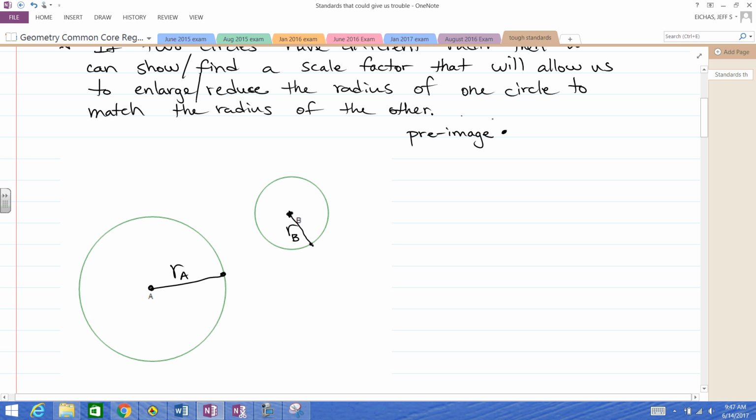What I like to teach my students is I always take the pre-image times the scale factor, and that gets me the size of the image.